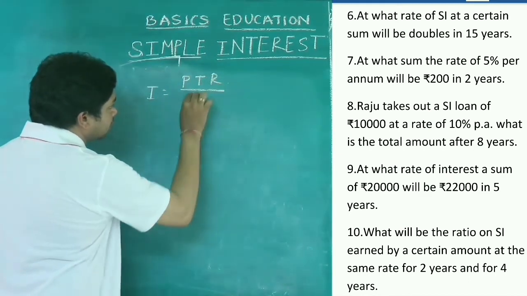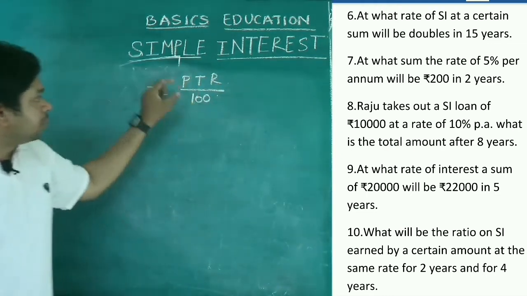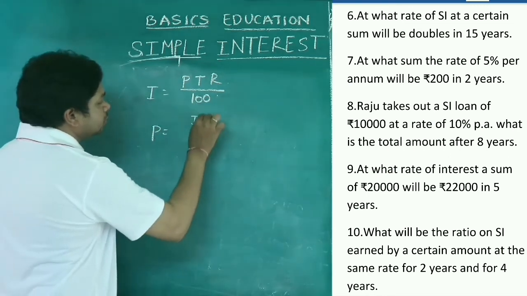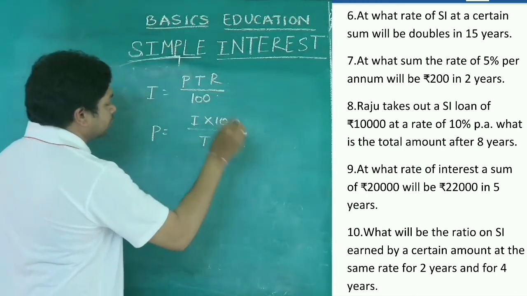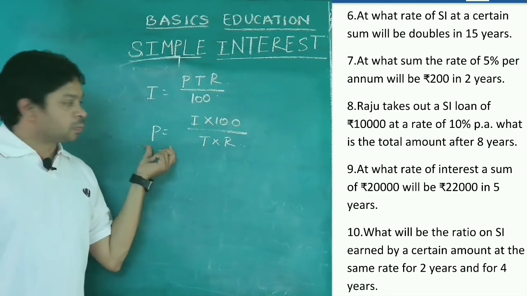At what sum is asking for the principal. So from this, P equals I into 100 by T into R. So the principal is equal to I into 100 by T into R.